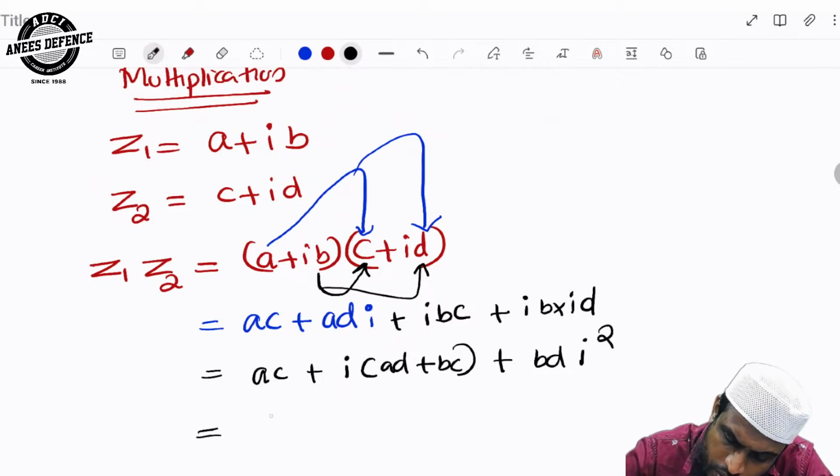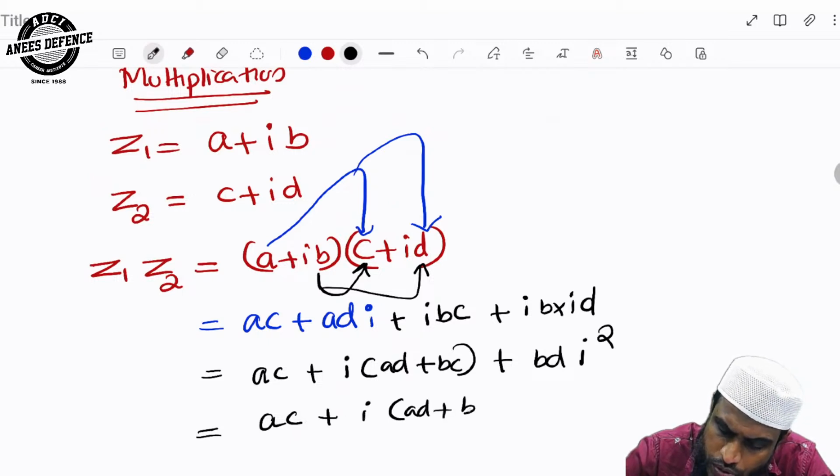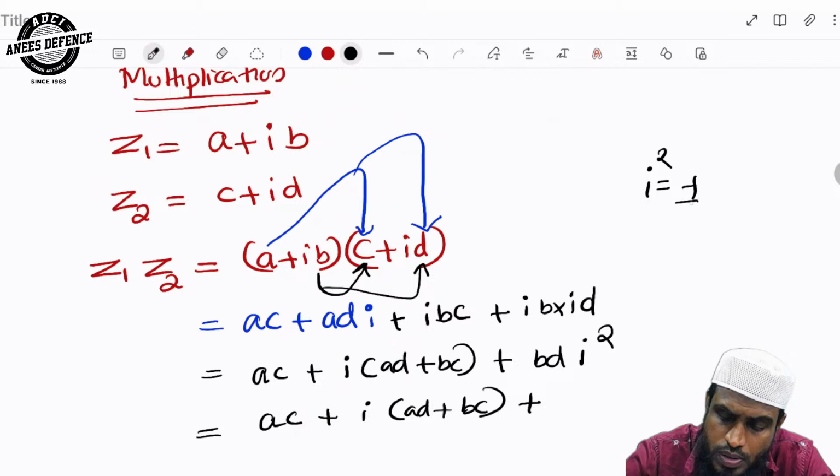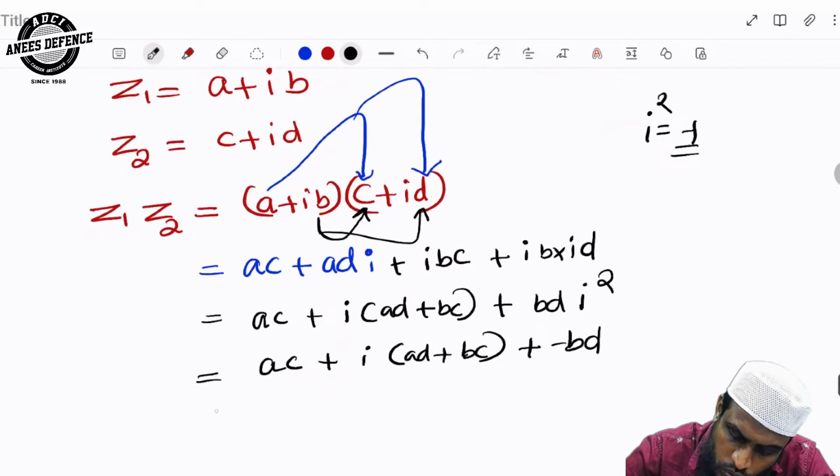So this can be written as AC plus i into (AD plus BC) plus i square BD. We already discussed that i square is minus 1. So this can be written as minus BD.